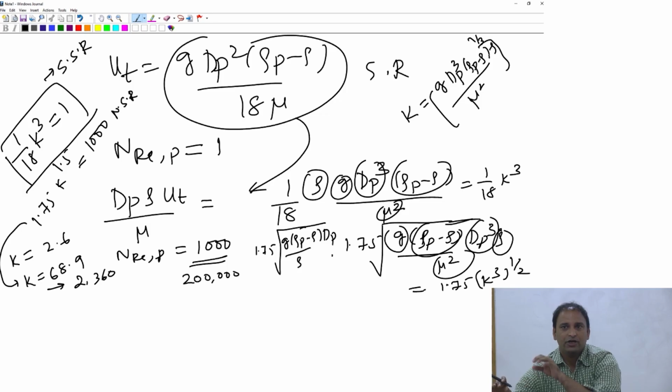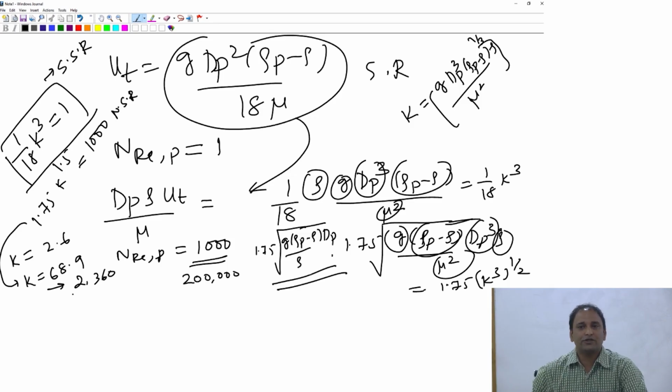However, if the k factor is between 68.9 and 2360, that's the range of Reynolds number over which the settling occurs in turbulent condition, that is the Newton settling regime. In such a case you would have to use the appropriate expression for the terminal velocity for the particle in the Newton's regime.